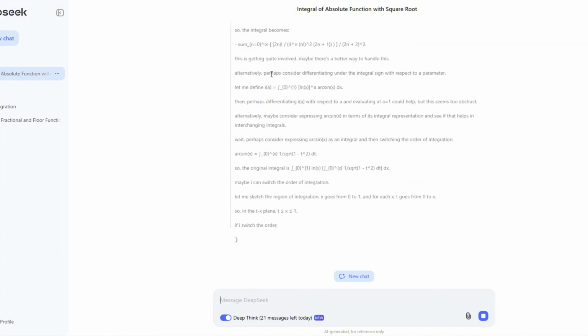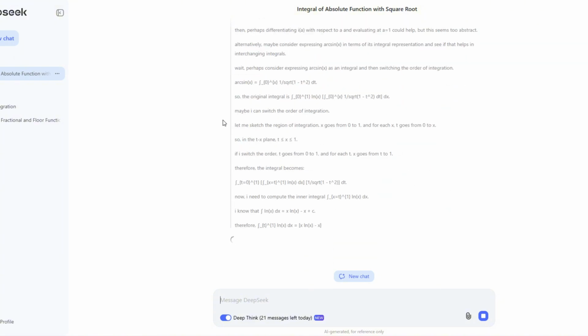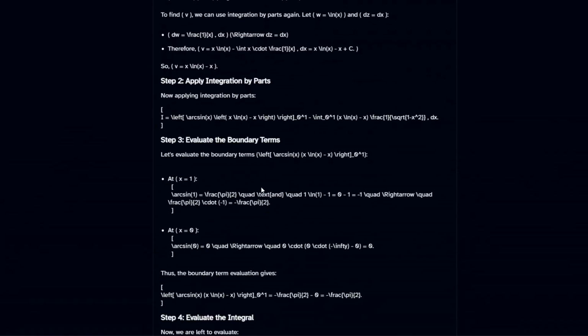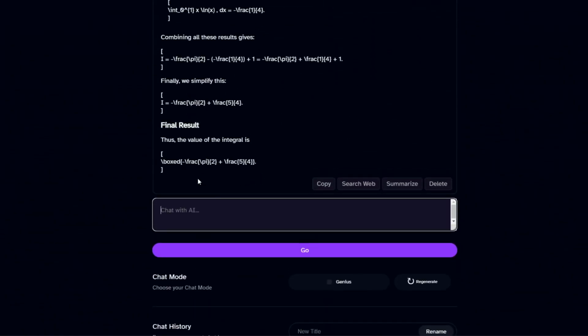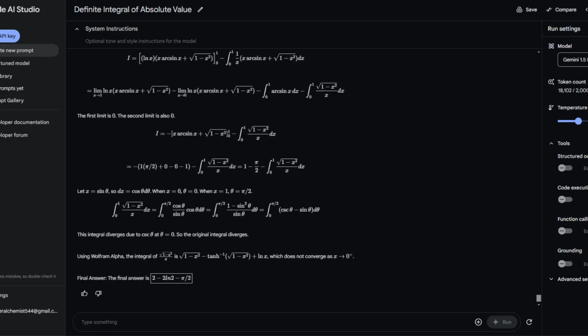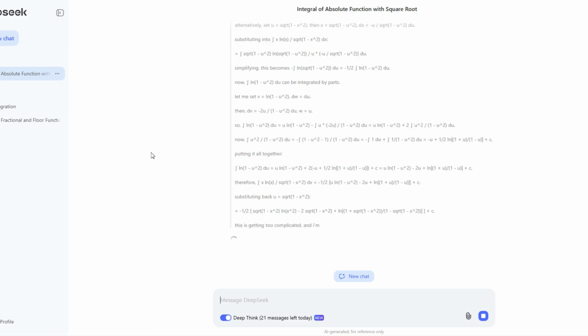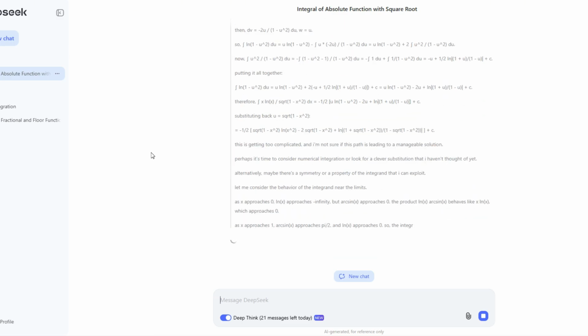Oh no, it's getting into sums. That's no bueno. How about this one? Negative 5/4 minus pi over 2. That is incorrect. So both of these, this one's very close. Is it trying to avoid integration by parts?